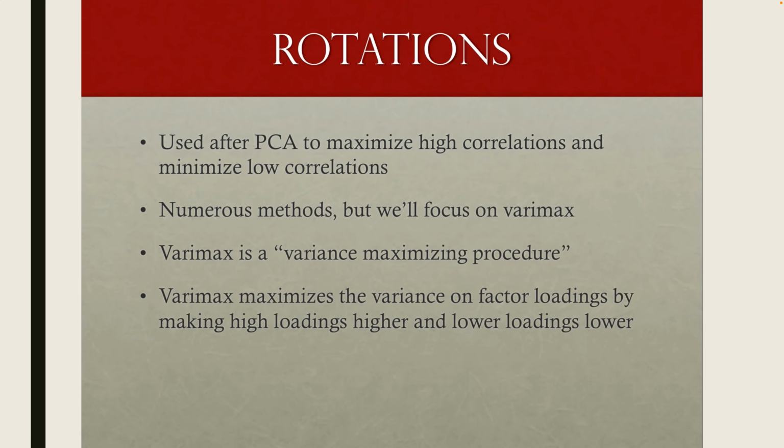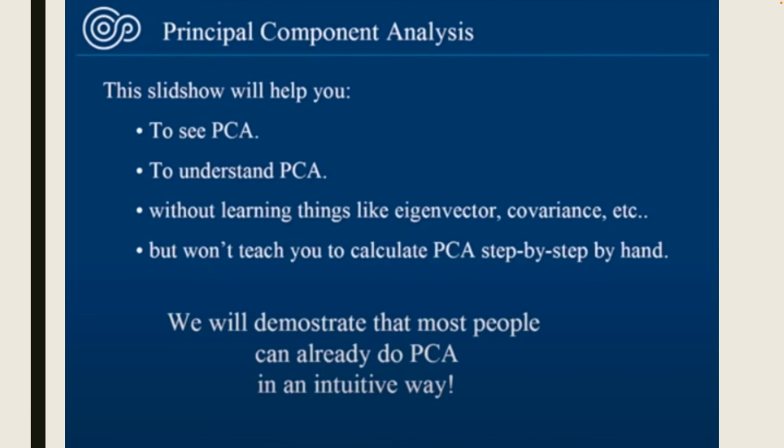Hugely important. All right, rotation. It's used after the principal component analysis to maximize the high correlations. We'll study Varimax, and you'll learn more about that as I think you need to learn more about that.